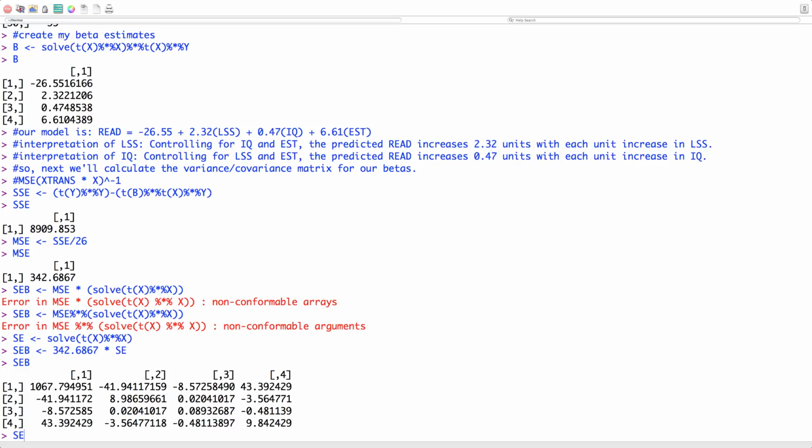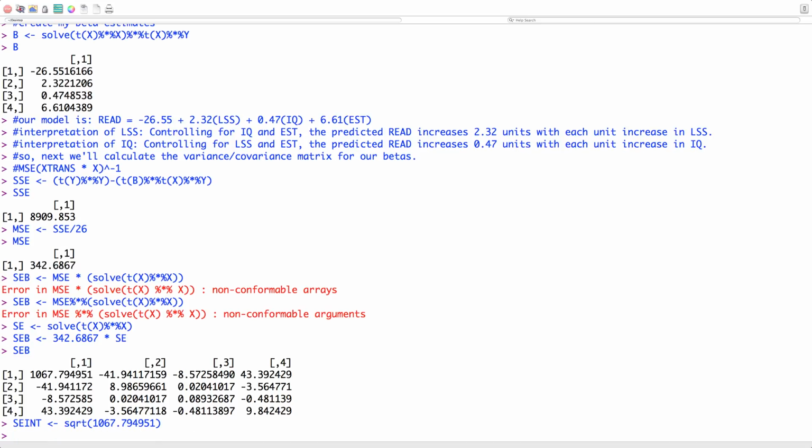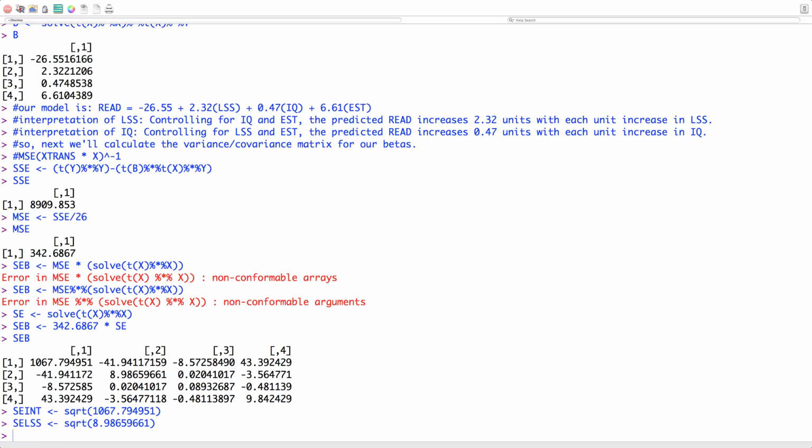So to get the standard error for our intercept, we have to take the square root of 1067.794951. To get the standard error for LSS, we have to take the square root of 8.98659661.